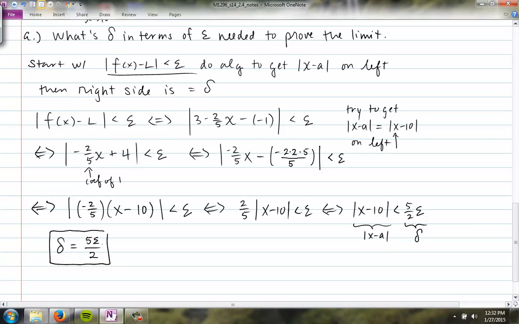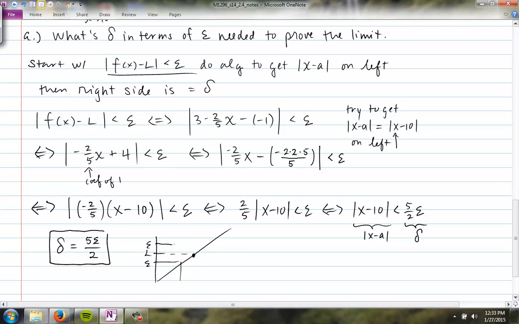The idea here is if someone gave me an epsilon of 0.1, I would just plug it in here and delta would get spit out. Now we don't have this minimum business, because it's a linear function. The epsilon is always equidistant from L, but the delta sometimes is not. It is not when you have a nonlinear function.